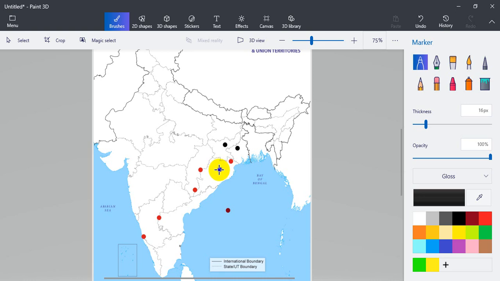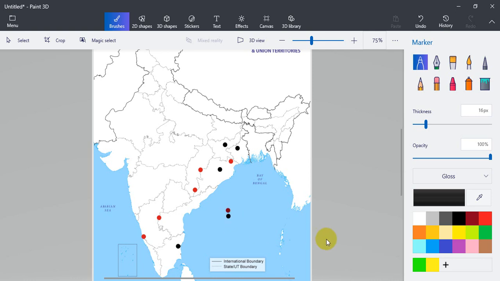And then we have the lignite reserves of Tamil Nadu, present over here, that is Neyveli. So these four are the coal fields.